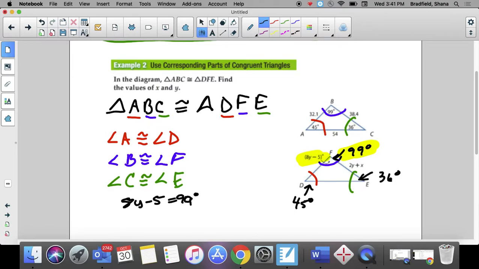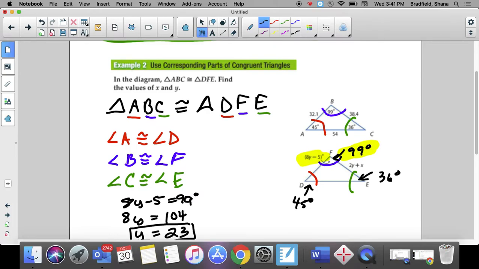Then I'm going to solve for 8y. I'm going to add 5, which gives me 104. When I divide by 8, I get 23. So y is 23.